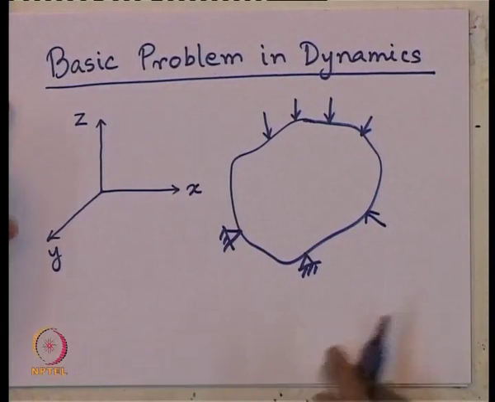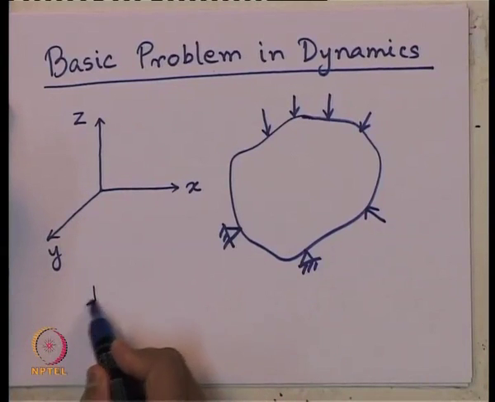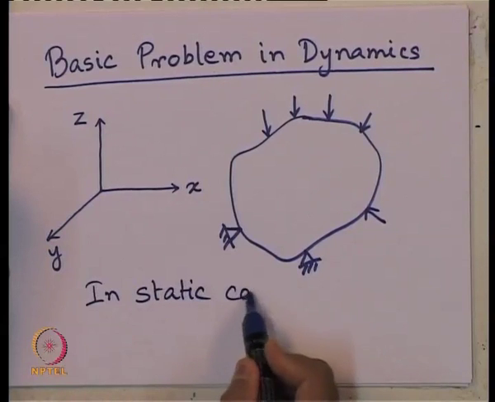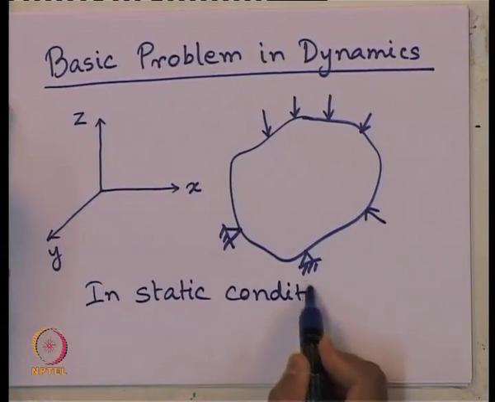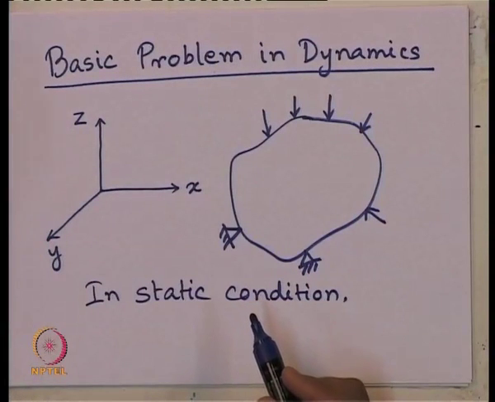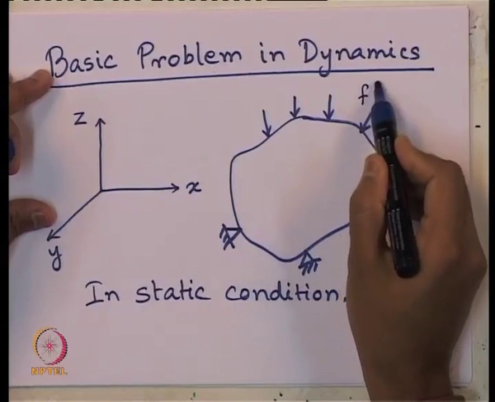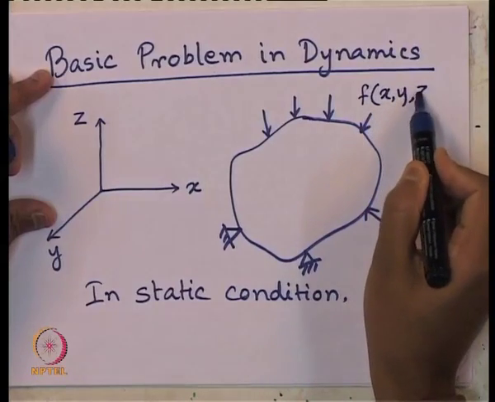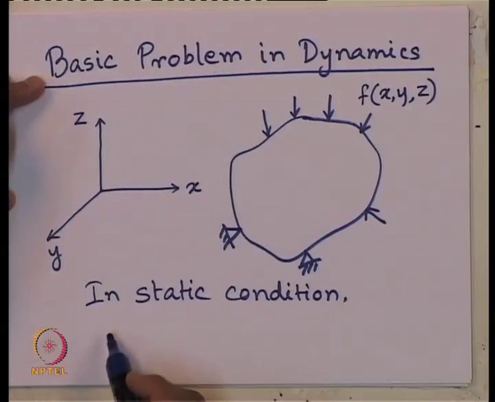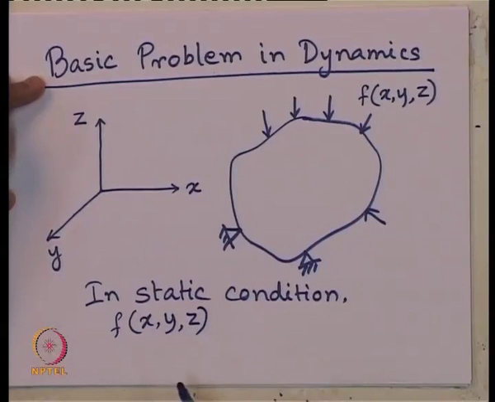So, in the static condition, whatever loads are applied to the system, suppose these loads are f of x, y, z. So, these are functions of this coordinate system x, y, z. We have the loads in terms of x, y, z.